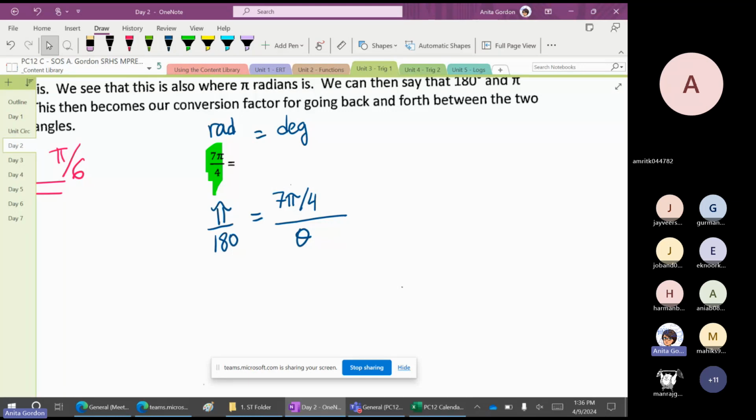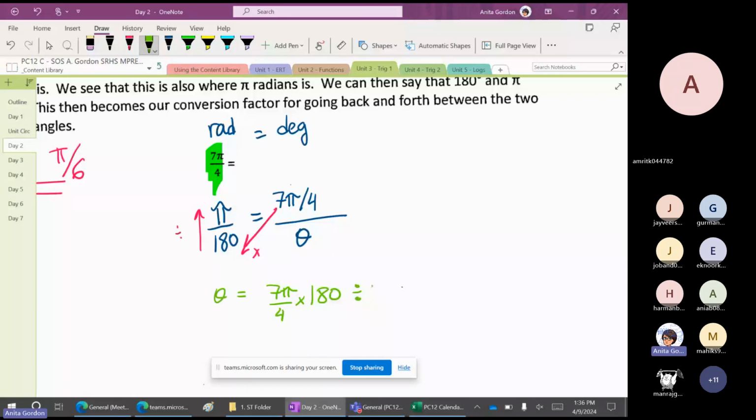Yes, cross multiply and divide. So anytime you have equivalent fractions with an unknown, especially if the unknown is in the bottom, start at the top of the fraction, cross multiply, and then divide. Okay, so theta is going to equal 7 pi by 4 times 180 divided by pi.